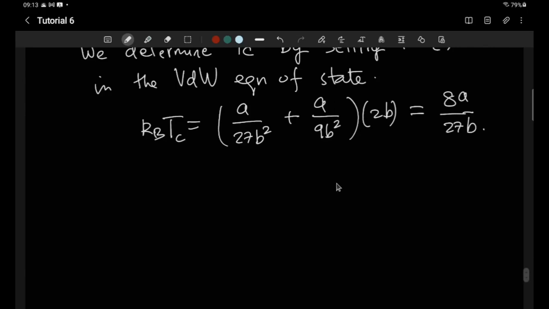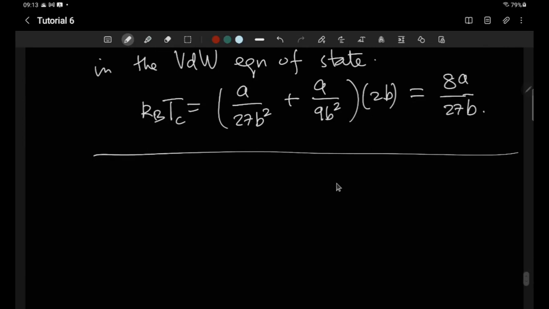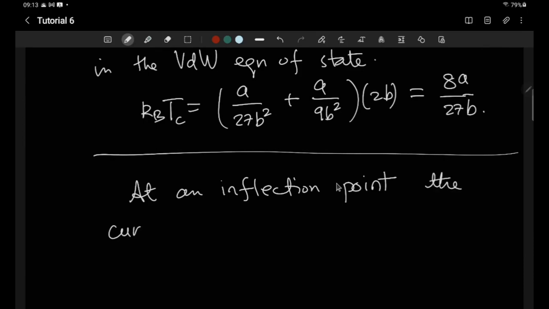So what is an inflection point? At an inflection point, the second derivative changes sign, the curvature of a curve changes sign.